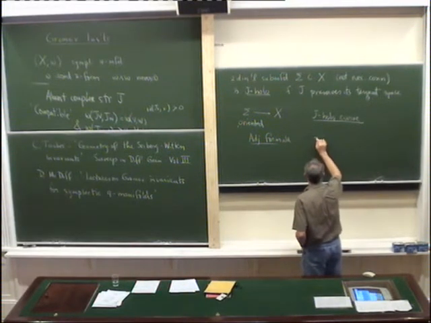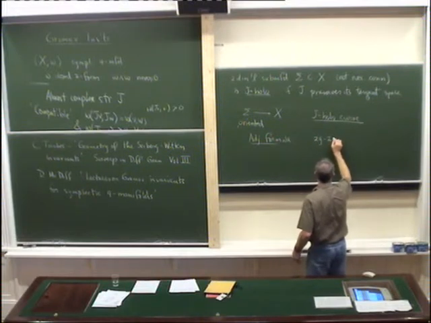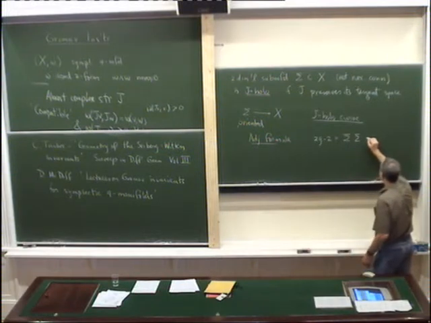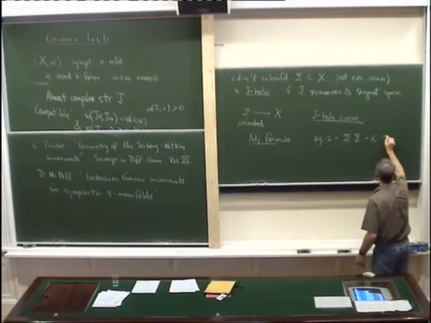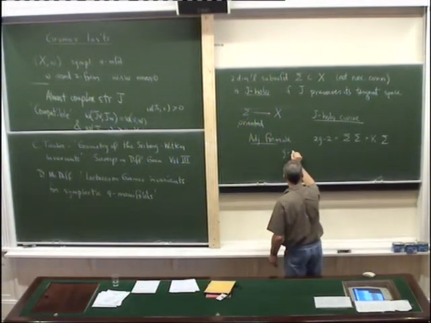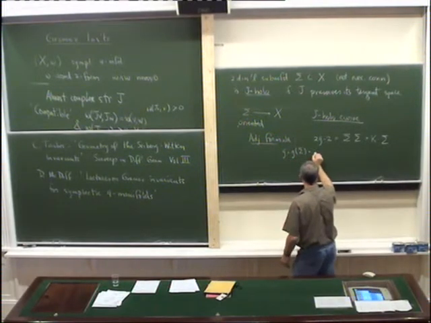The adjunction formula reads 2g minus 2 is the self-intersection of sigma plus K dot sigma. Here g is the genus of sigma.